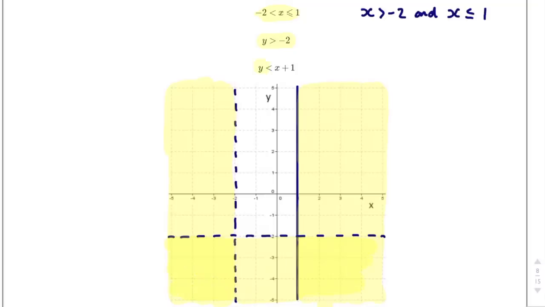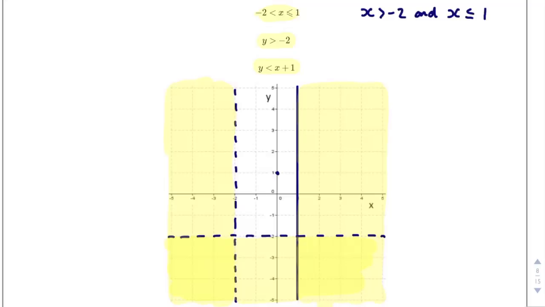And then if we look at this last inequality, which is y is less than x plus 1, well, again, that is just the line y equals x plus 1. Now, the line y equals x plus 1 has a y-intercept of 1, so it's going to go through this point here, and it's also got a gradient of 1. So that means for all of the points on that line, we're going to go 1 unit right, 1 unit up, 1 unit right, 1 unit up.